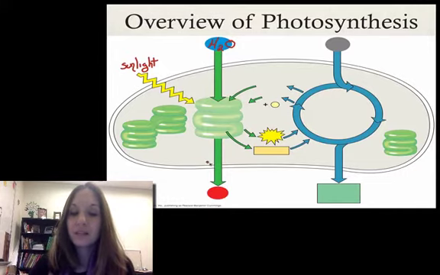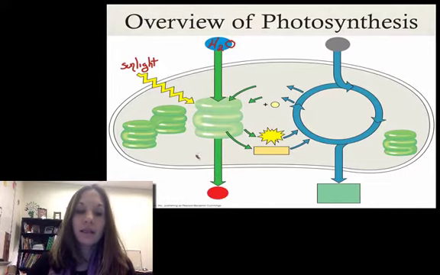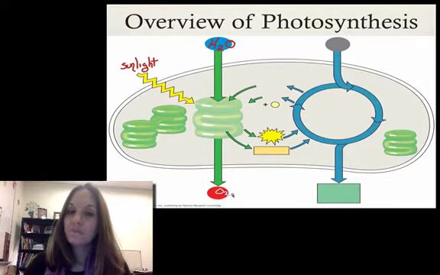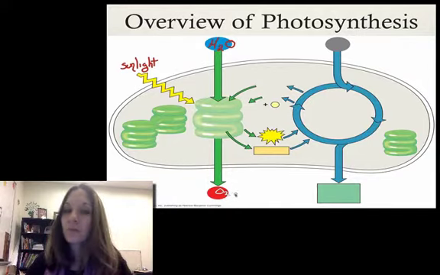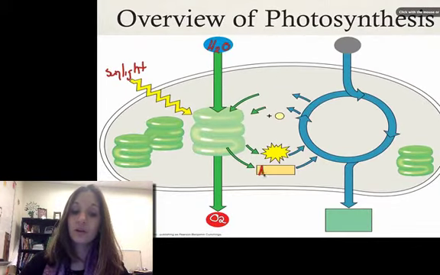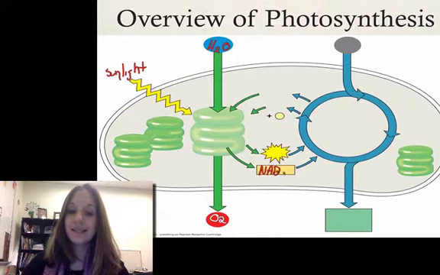When the water gets split, we release oxygen gas. If we consider that for a moment, H2O yields that oxygen gas. The question is, what happened to the hydrogens? The hydrogens go into a molecule called NADPH.